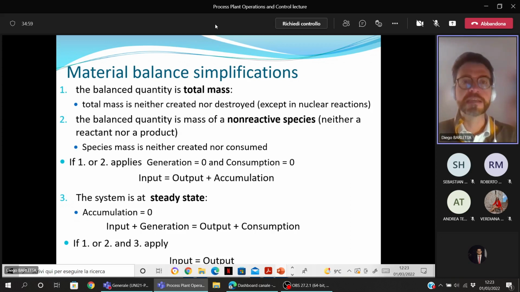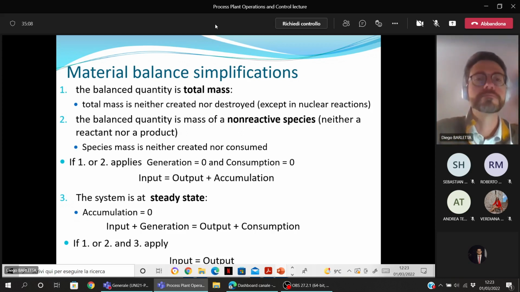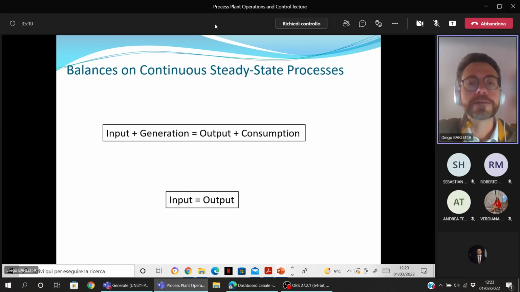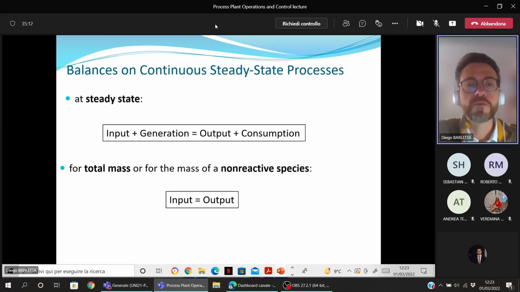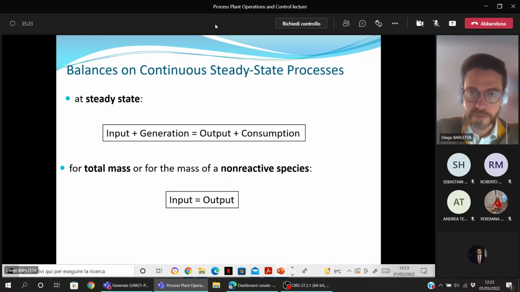These are simplifications of the general material balance equation. So to summarize, these are the equations for these two cases at steady state, for total mass or for the mass of non-reactive species.